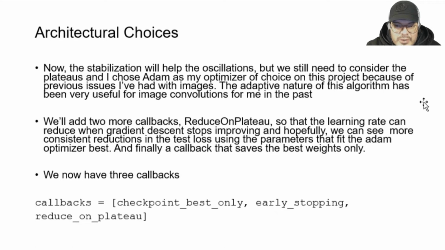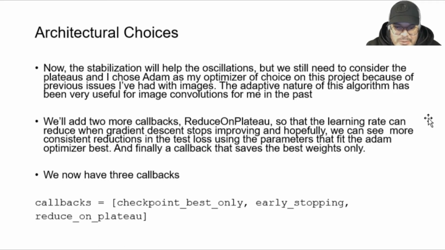We'll add reduce on plateau, which is going to make the learning rate reduce every time the gradient descent stops improving. Well, the plateaus basically, so we can see more consistent reductions hopefully in the test loss. And we'll use the parameters that fit Adam the best because we're using Adam.